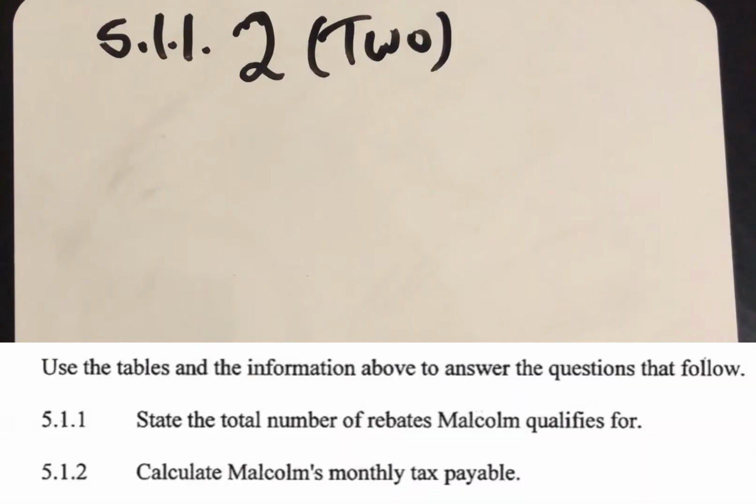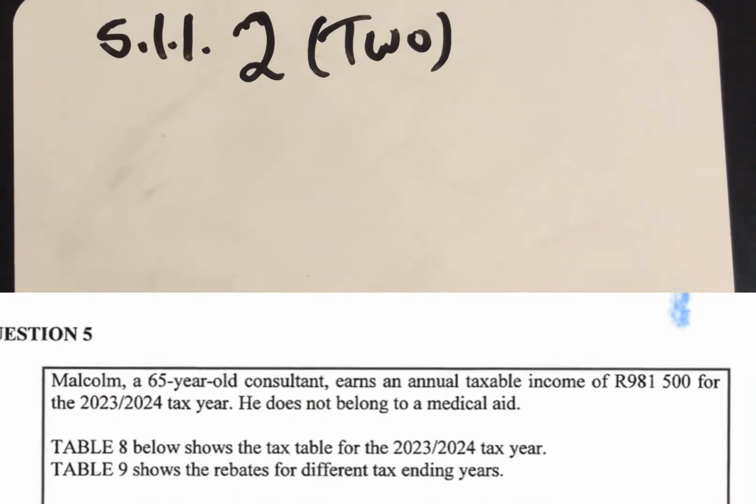Then the next question says calculate Malcolm's monthly tax payable. When they say calculate tax, that's where you have to determine your taxable income. In this question, we have our taxable income, because they're saying that he earned an annual taxable income of 981,500 rands.